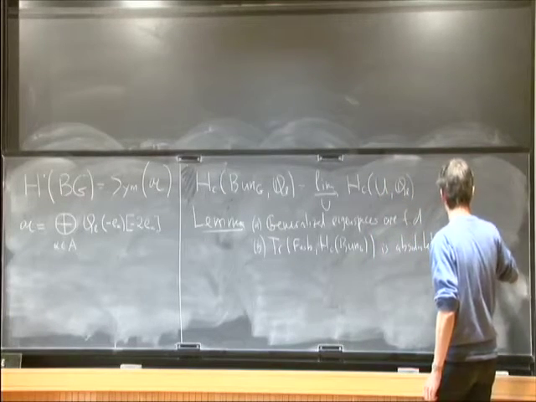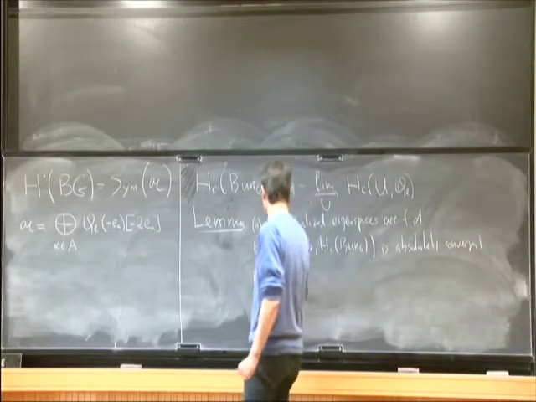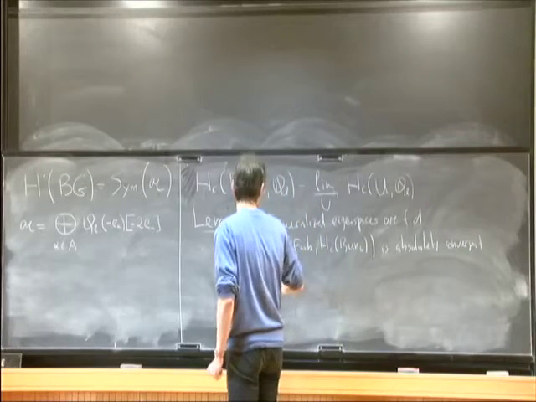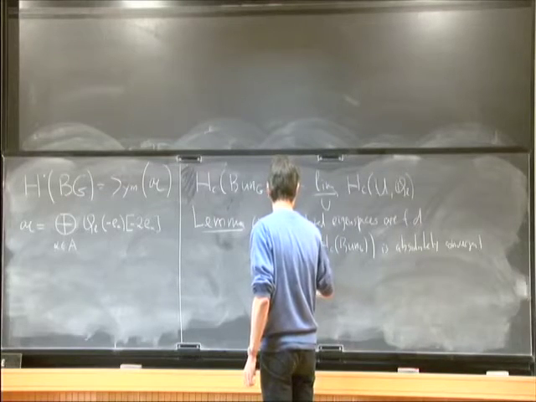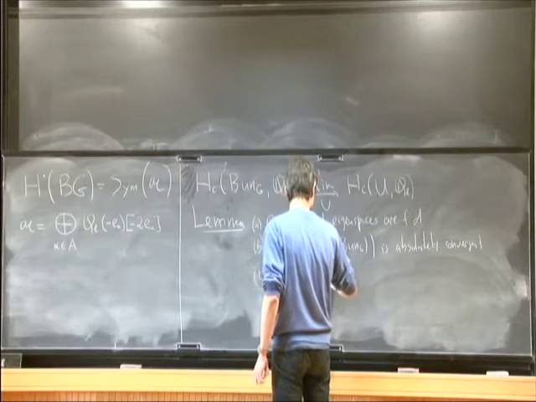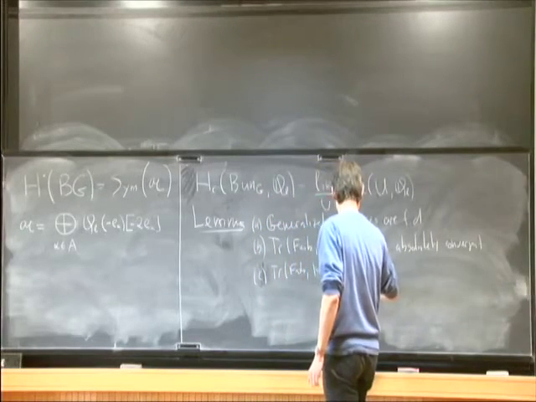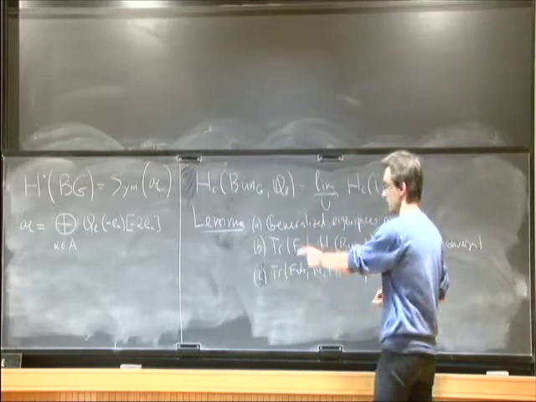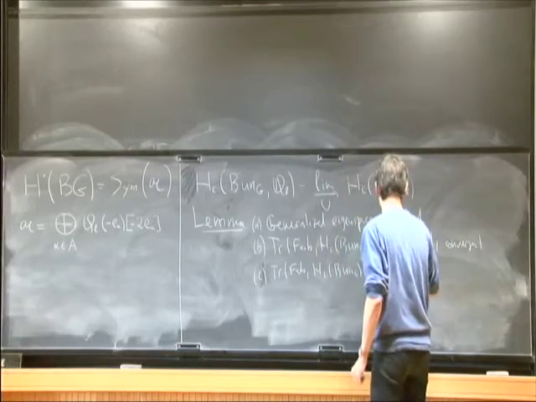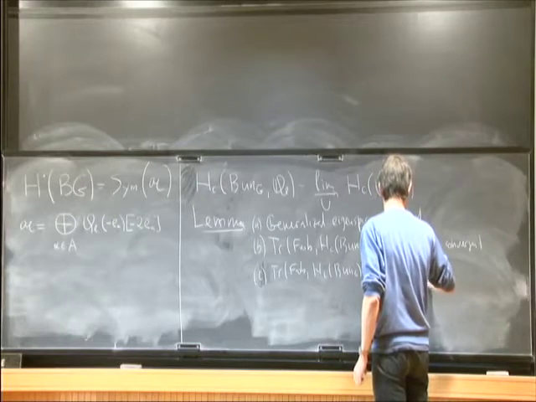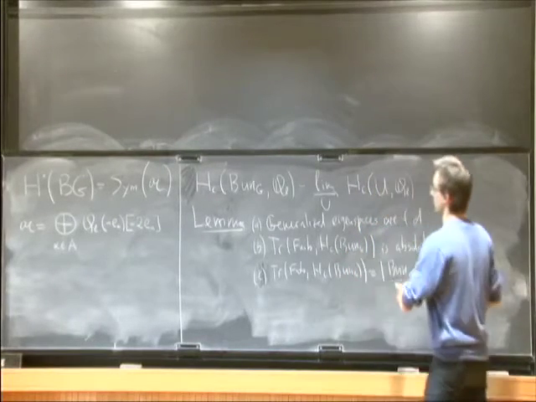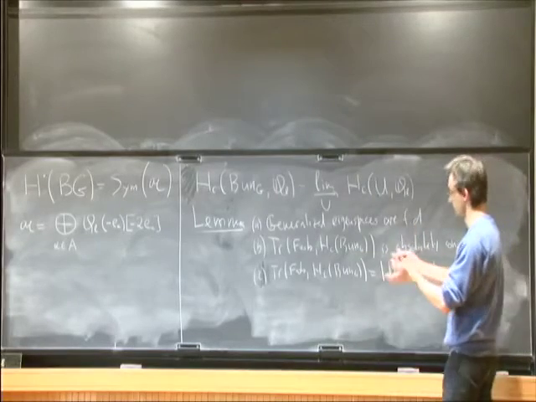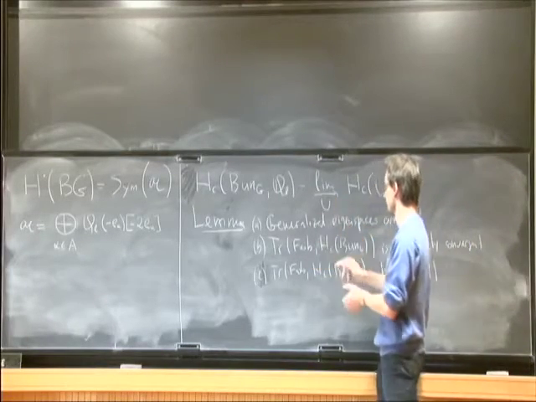And moreover, this trace of the Frobenius equals this number of points. Again, what you do is consider these nice open subsets which you can control.